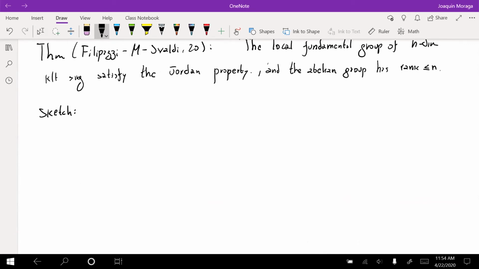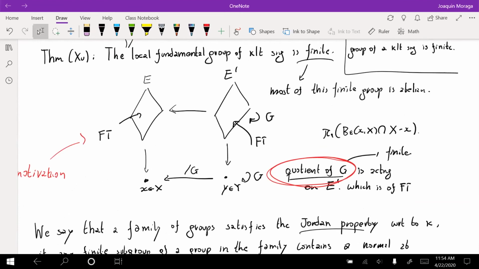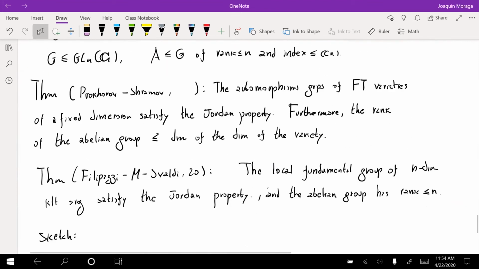As Professor Shokurov said, my motivation sketch only works for the quotient, for a one-dimensional quotient of G. So essentially, the goal is to try to lift this abelian group from the quotient to G itself. So how do we do that?